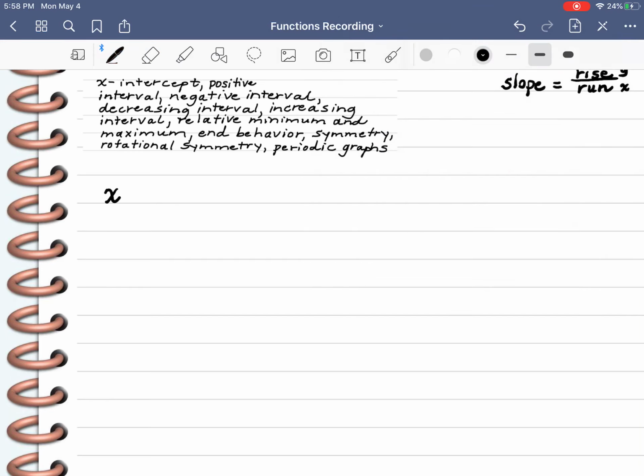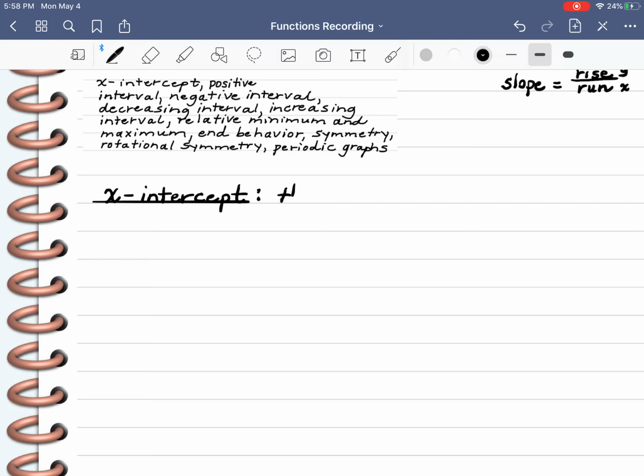X-intercept. Now we've talked about this one just briefly as we've gone through some of the problems, but I want to give you the actual definition from the HiSET book for your flashcards.